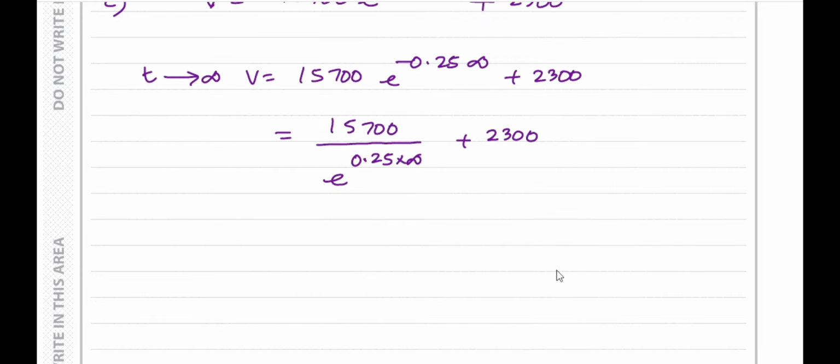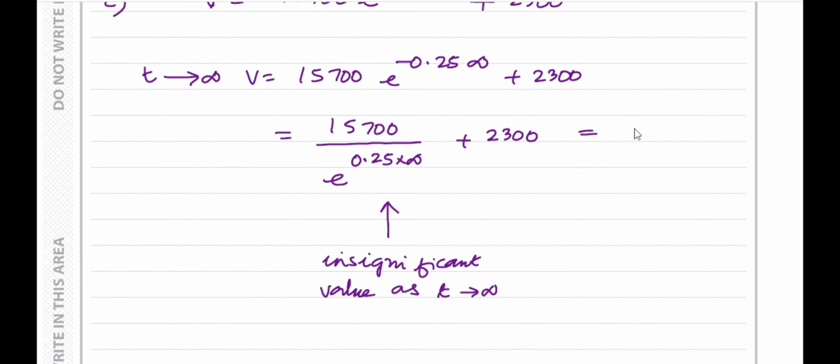Okay, now this term is going to become a very, very insignificant number as t approaches infinity. Therefore the minimum value that it can reach is 2,300. Okay, so V will be equal to 2,300. Let's say V minimum. It can't go below 2,300.